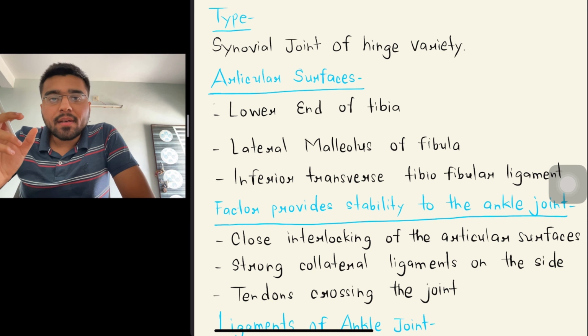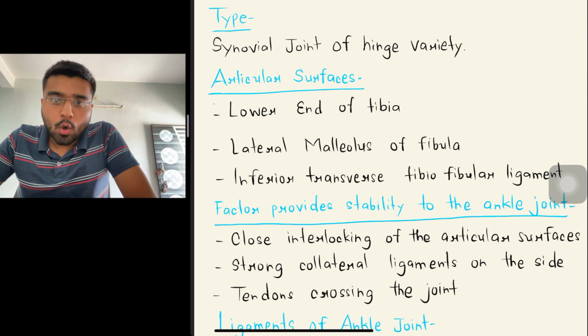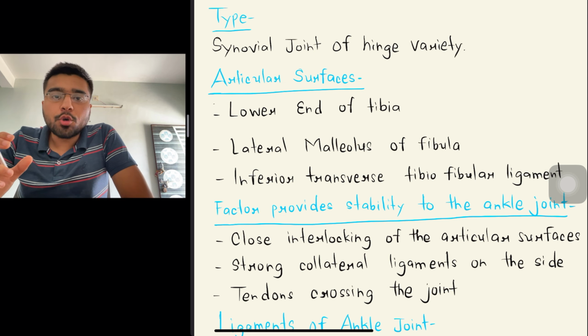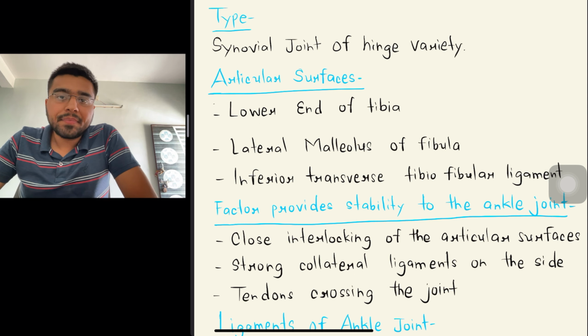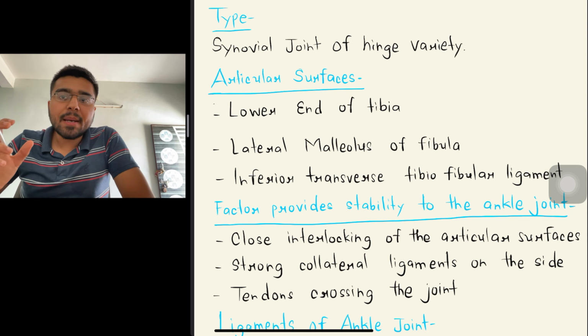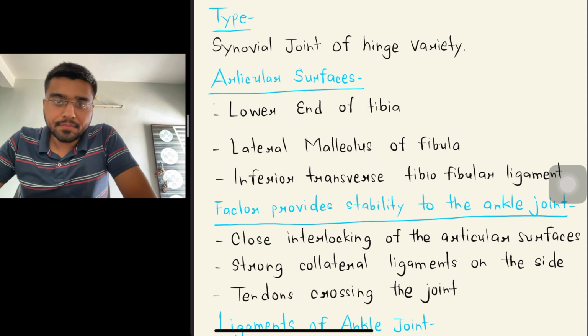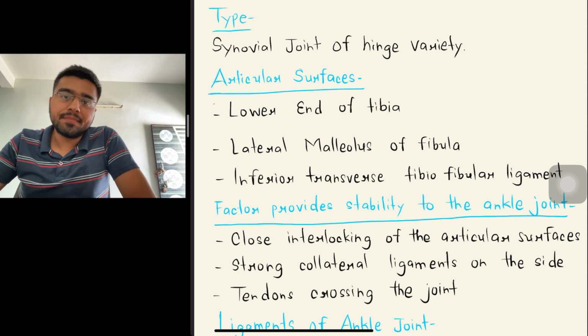The ankle joint is a synovial joint of the hinge variety. Hinge variety joints are simple joints. They do not have a wide range of movements. So this type of joint can perform movements like flexion and extension.